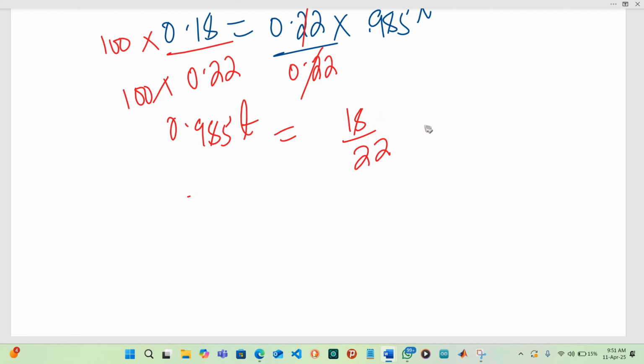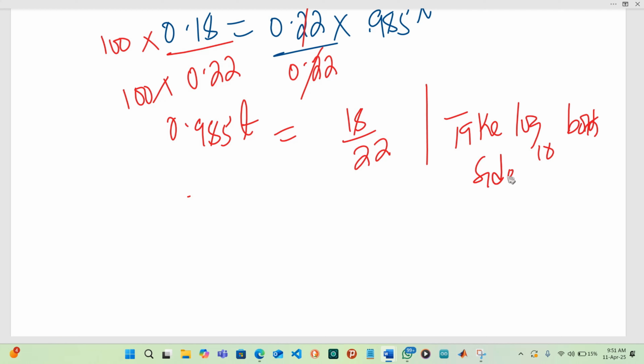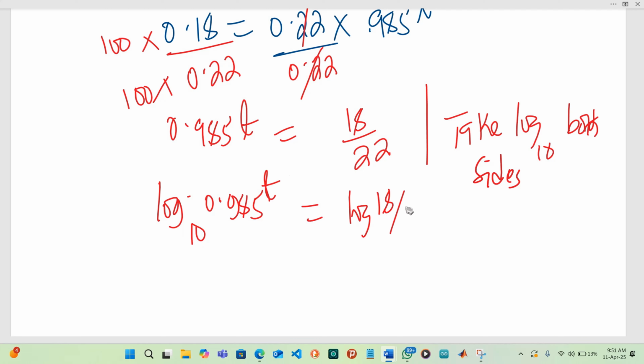So I take log to base 10 on both sides, because that's what our calculators can easily work with. Don't take log to any other base. Take logarithm to base 10 because that's what your calculator can handle. So we take log to base 10, so we'll have log of 0.985 to power t equal to log of 18 out of 22 to base 10.